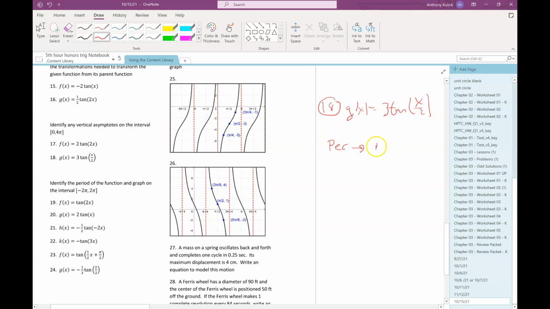One is that the period is pi times c. And the second is that I have my first asymptote, or an asymptote occurs at positive pi over 2. I identified that one because I also have one at negative pi over 2, but negative pi over 2 is not on that interval from 0 to 4 pi, so I didn't care about it.